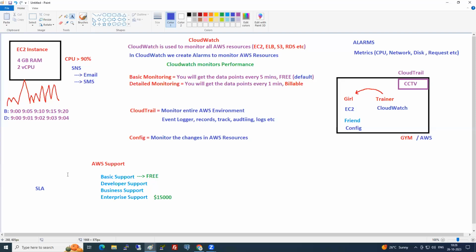Now you understood the different types of services, and you can easily relate now, right? You know what is EC2, RDS, Route 53, EFS, EBS volume, Beanstalk, Lightsail. See how many services you know. You can easily get connected now. Yes or no?